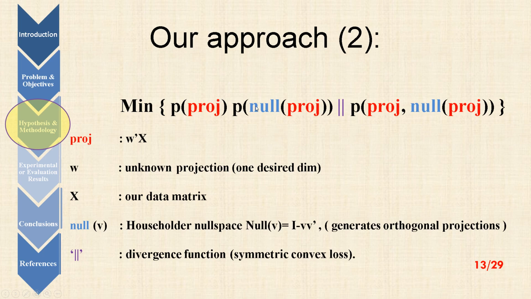To find the null space in such a way that it is differentiable and learnable using gradient descent methods and backward differentiation methods in libraries like PyTorch and TensorFlow, we used the Householder null space rule, which is out of the scope of this description and is very statistical and linear algebraic, and therefore we don't go into it. But we can say that the formula is a function of the main projection.